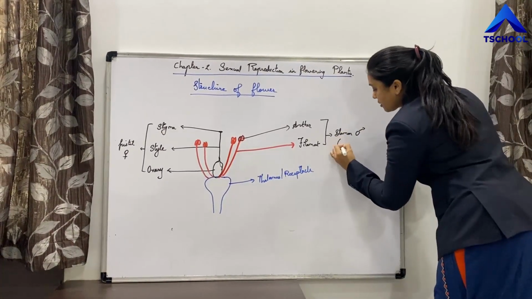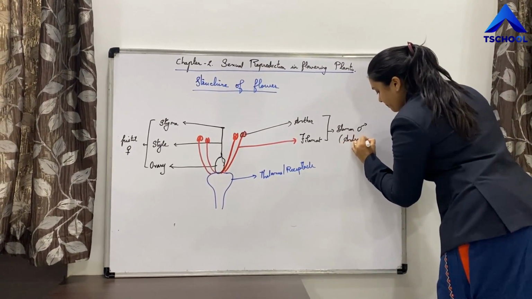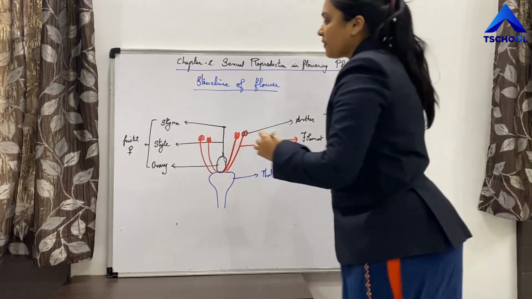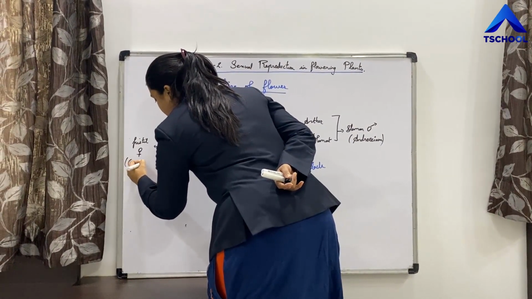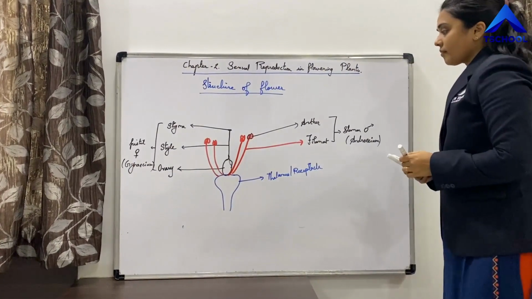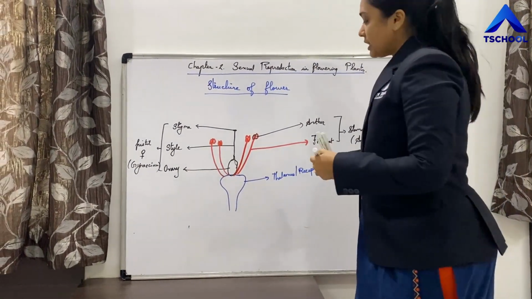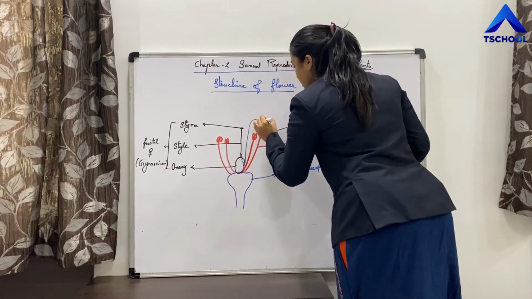Male reproductive system is also called androecium. Female reproductive system is also called gynoecium. Then the next part of the flower is the beautifully colored whorls.